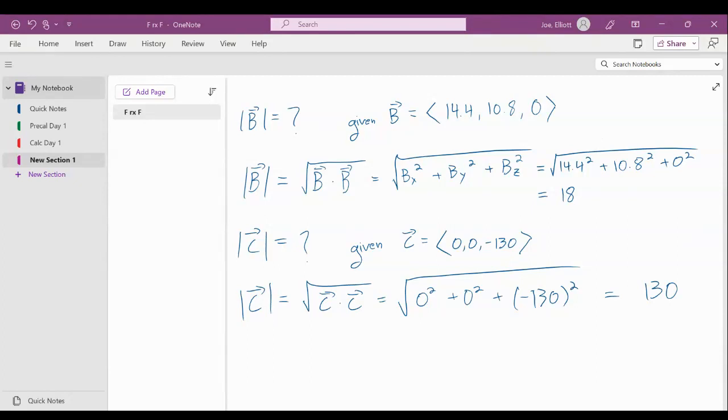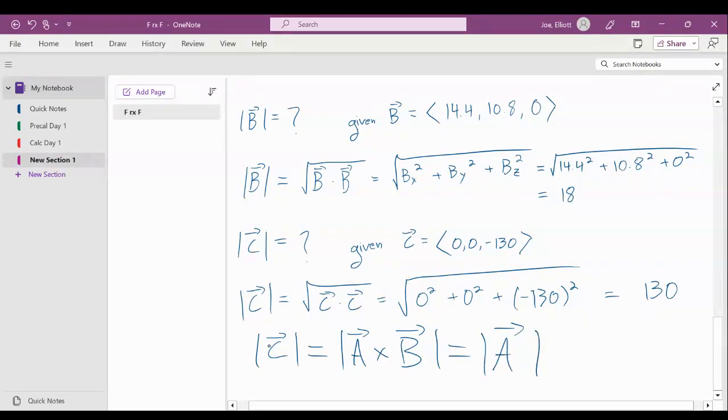Now that we have that, we know that the magnitude of C equals the magnitude of A cross B, which is equal to A B sine theta, where theta is the angle between them.